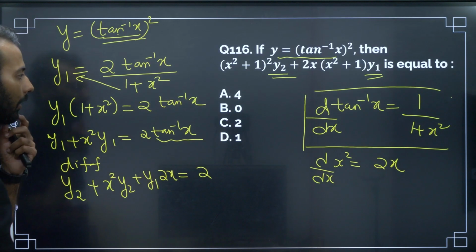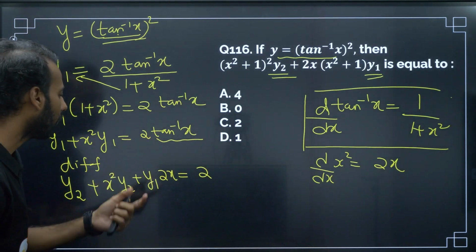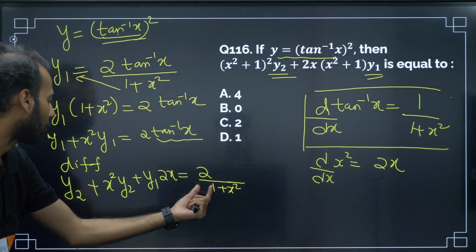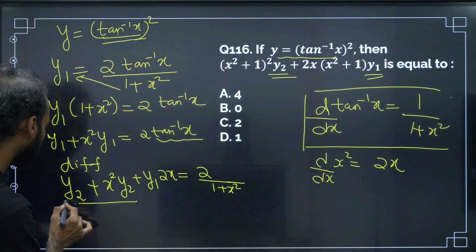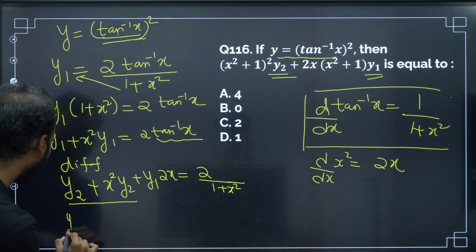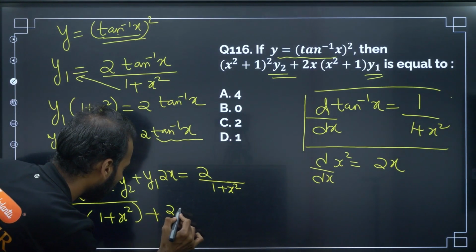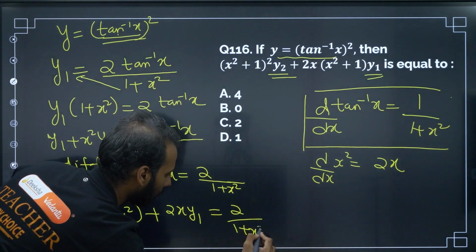Those are the standard formulas. So 2 tan inverse x, again I will go for 1 plus x square. Let me write this y2 as it is, 1 plus x square, okay, no problem, plus 2x y1 is equal to 2 by 1 plus x square, all this.